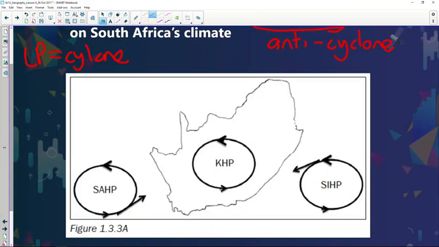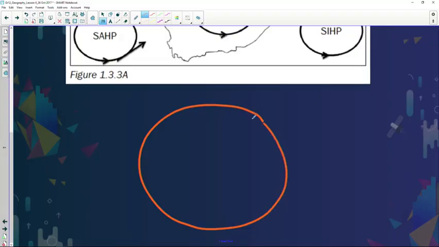Now, South Africa is dominated by 3 high-pressure cells, and this is vitally important. The reason why we are dominated by 3 high-pressure systems is because we are situated on a 30-degree latitude line. Let me just quickly refresh your memory, and then I will come back to this diagram. If you can remember global circulation of air, first of all, the equator, the 30 degree, 60, 90.